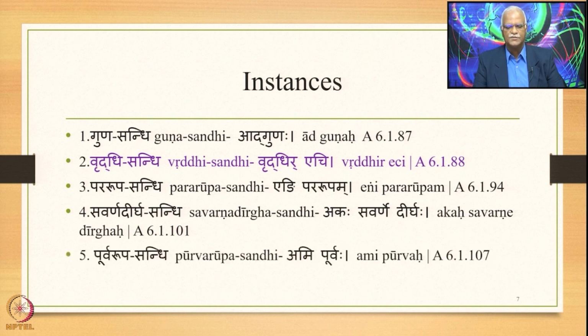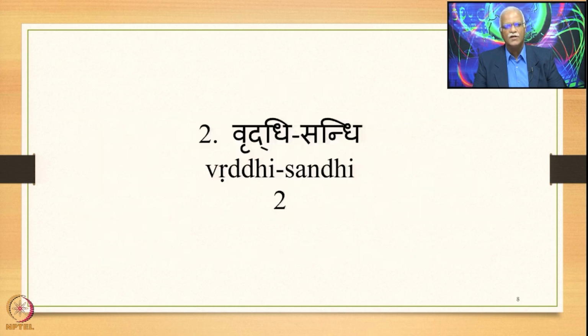And the fifth instance of this Dvisthanika Ekadesha is Purvarupa Sandhi, stated by the Sutra Amipurvaha onwards. Amipurvaha is 6.1.107.